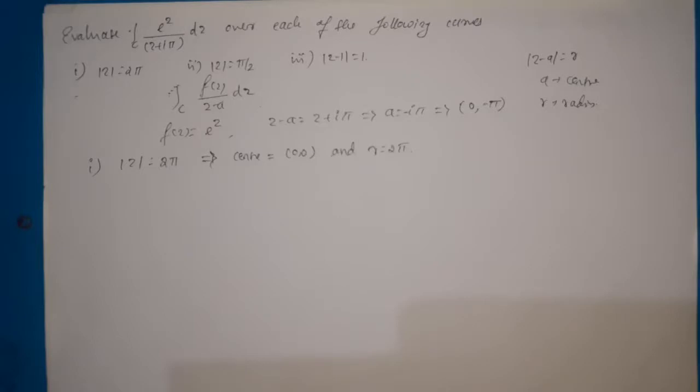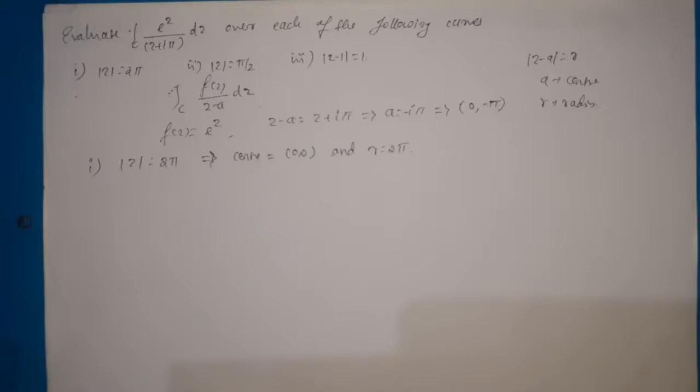If the point lies inside the circle and outside the circle, then the value of the integral will be different. So if the point is inside the circle, then value of the integral is equal to 2 pi I into f of a. If the point lies outside the given curve, then the value of the integral is equal to 0.